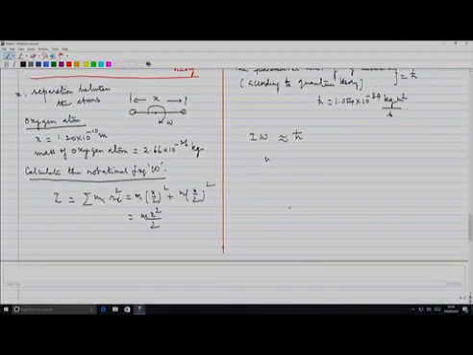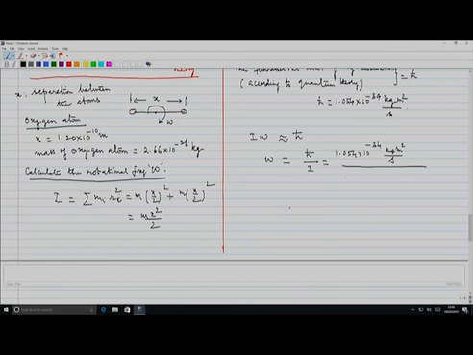Therefore, omega is equal to h cross divided by I, which is 1.054 into 10 to the power of minus 34 kilogram meter squared per second, divided by the moment of inertia, which I have calculated as m x squared by 2.